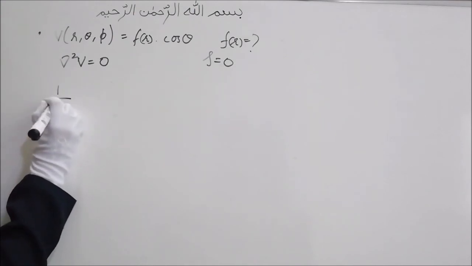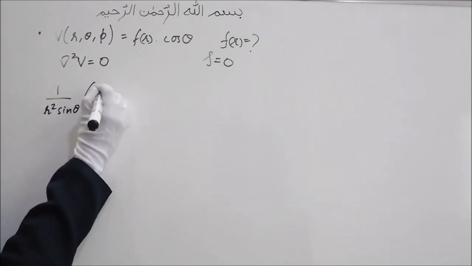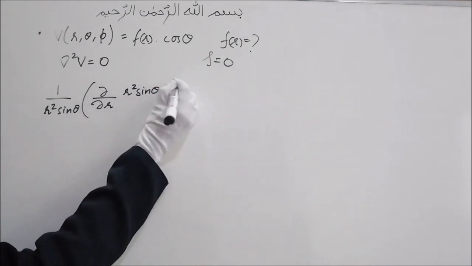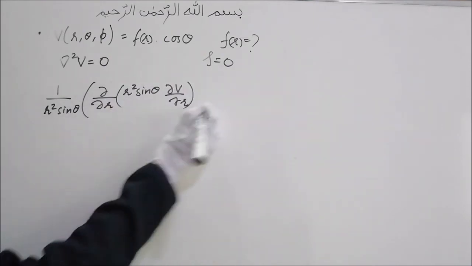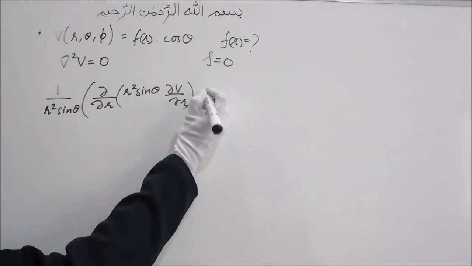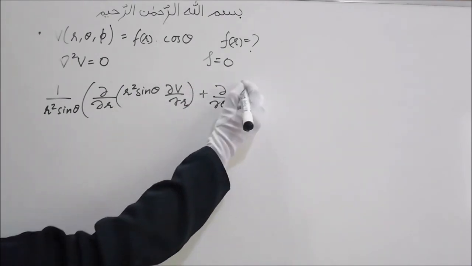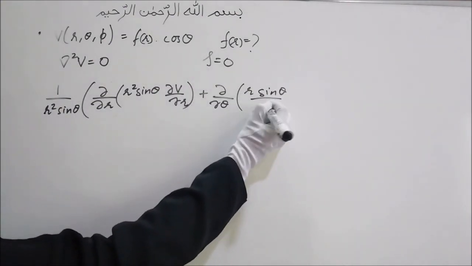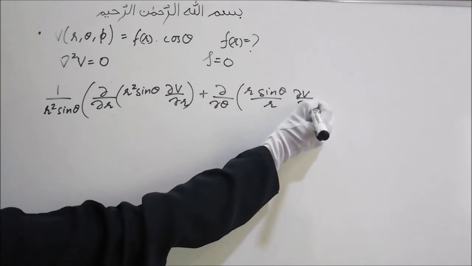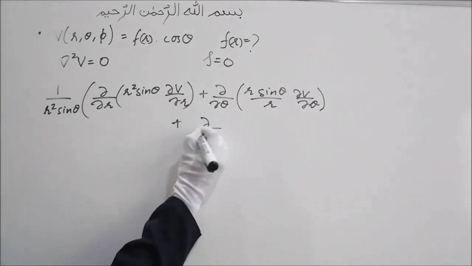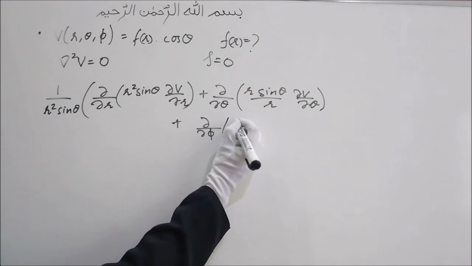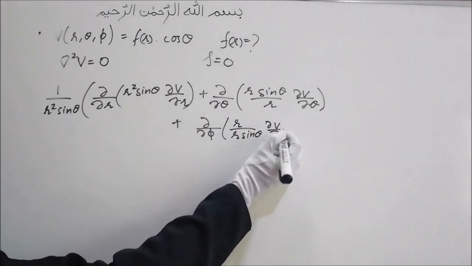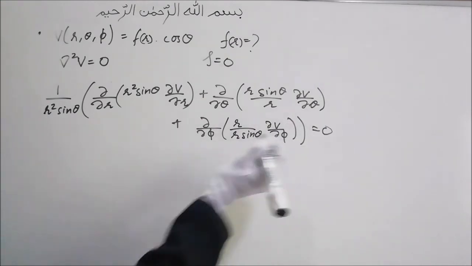That will be 1 by R squared sin theta, del by del R of R squared sin theta del V by del R, plus del by del theta of R sin theta upon R del V by del theta, plus del by del phi of R upon R sin theta del V upon del phi, equal to 0.